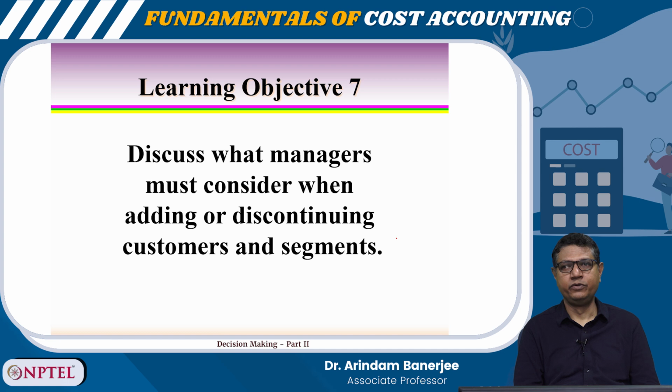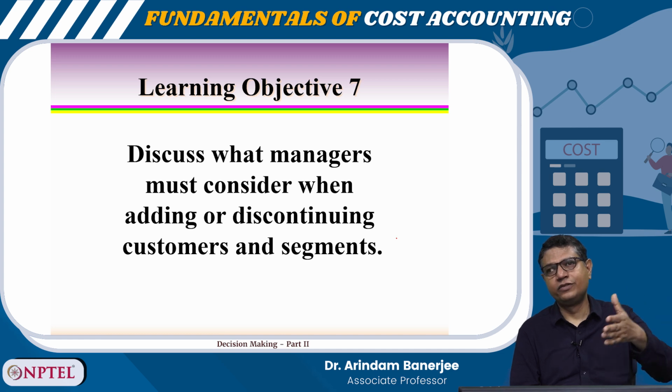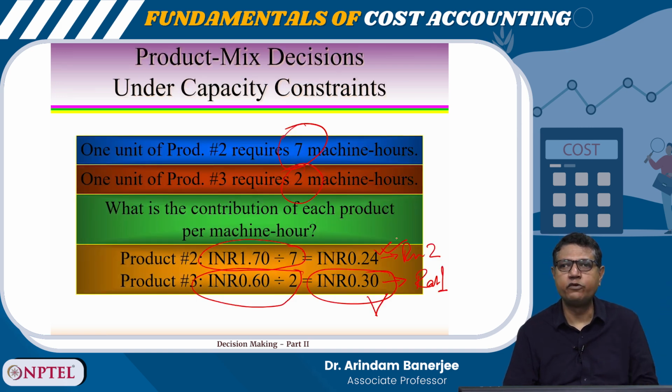That revenue lost, the income lost because I have not adopted the alternate best option, is called the opportunity cost, and that we need to consider while taking a decision.